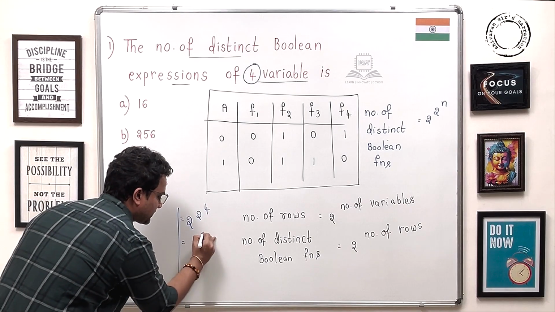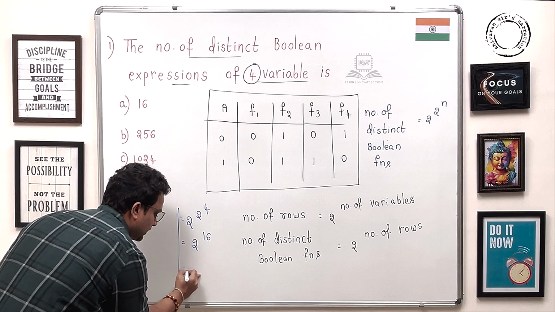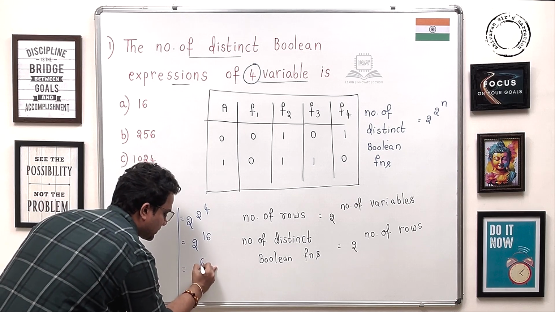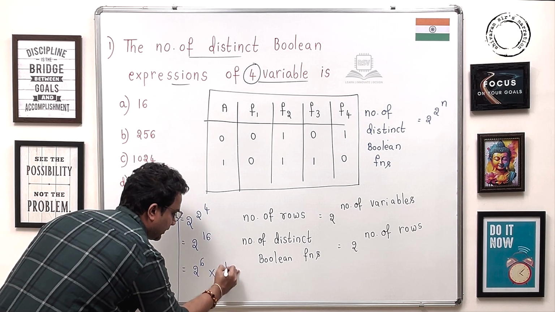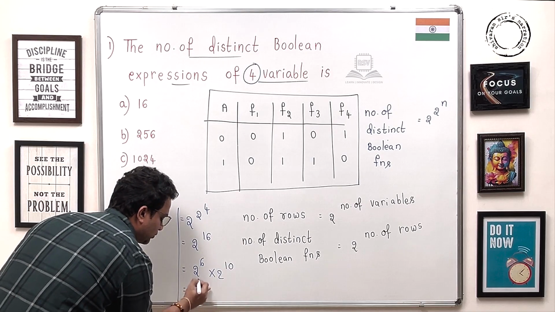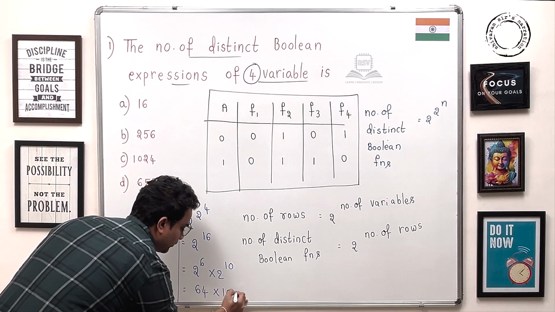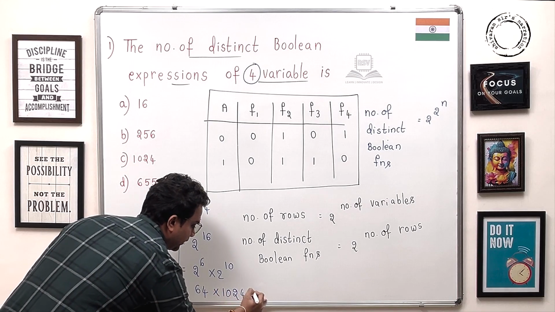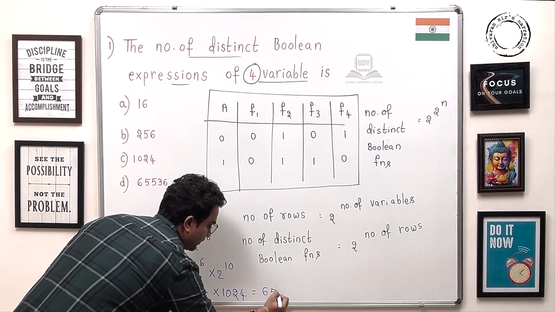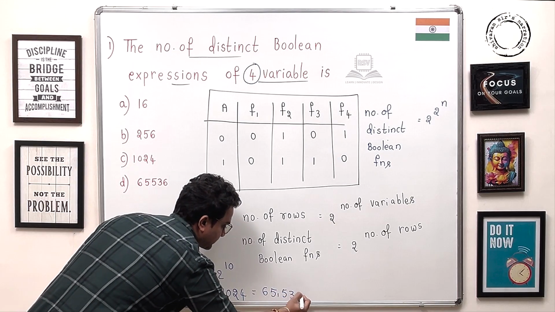16. So 2 power 16. 2 power 16 can be written as 2 power 6 into 2 power 10. 2 power 10 is 1024. 2 power 6 is 64. So 64 into 1024 is 65,536.